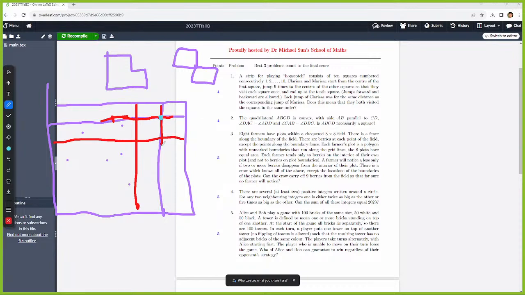Okay, check this out, okay? If that's inside the farmer's land, right? Can you see that that means all 4 squares have to be inside the farmer's land?